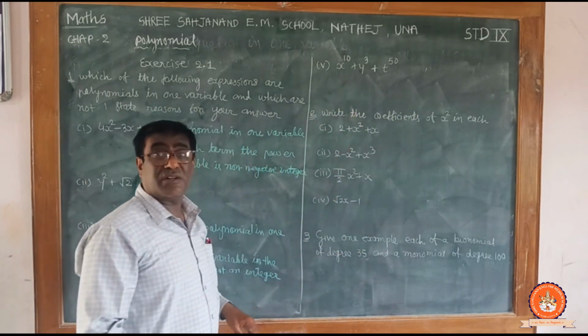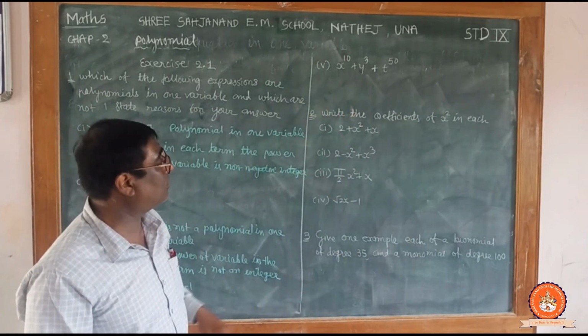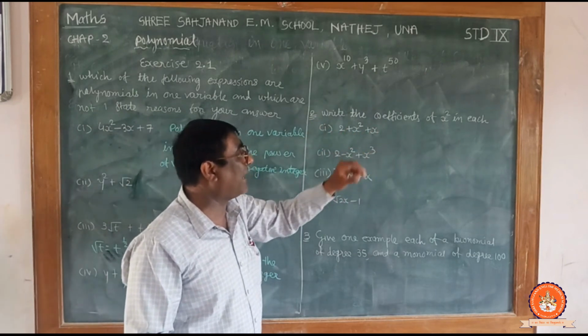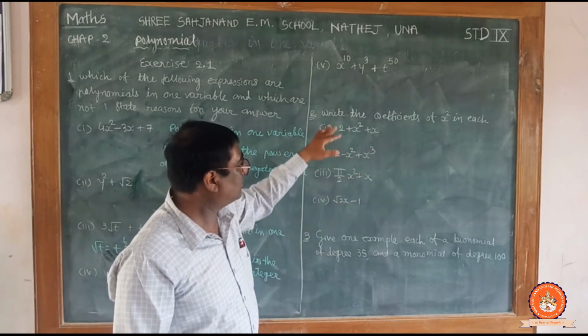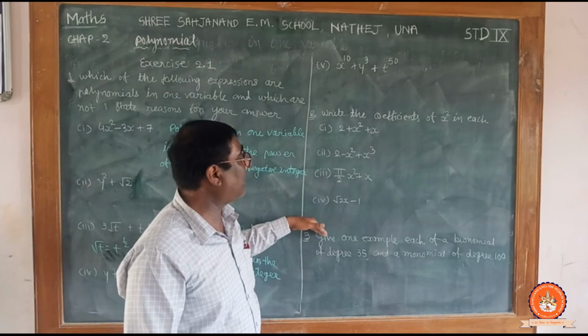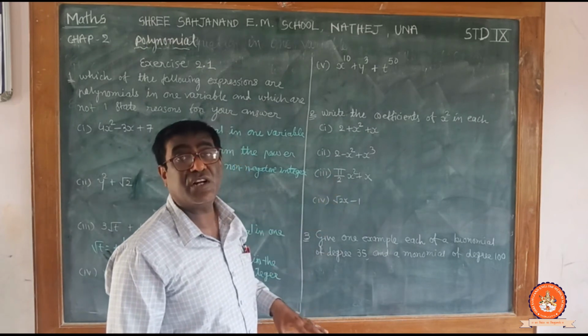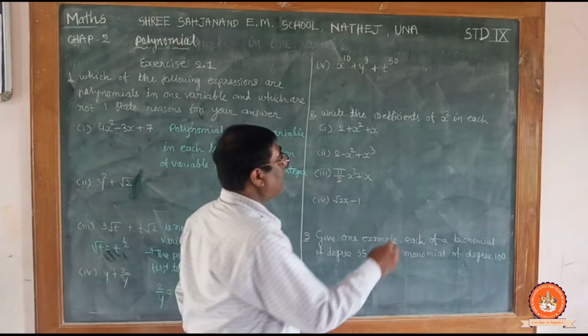Now question number 2. Write the coefficients of x square. In 1, 2, 3, 4, which is the coefficient of x square?